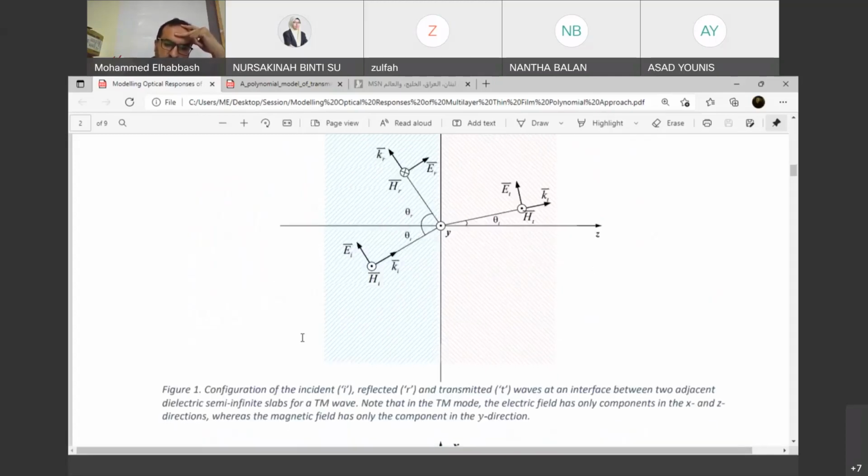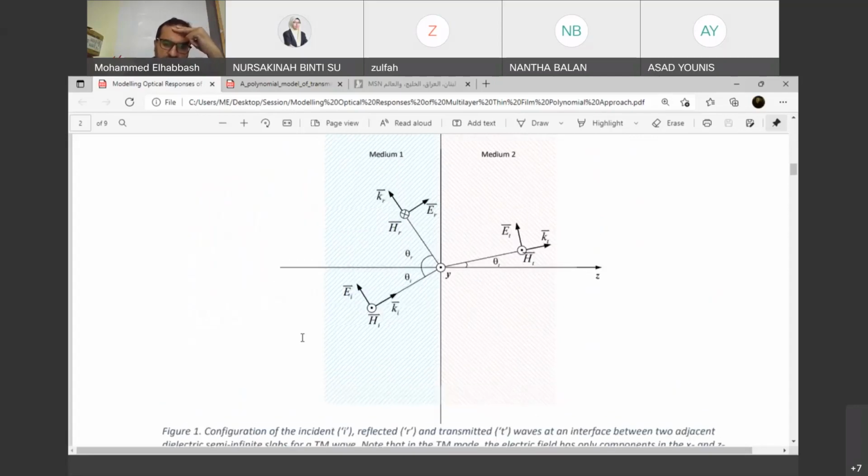Here we have a TM mode. TM mode means that we have a P-polarized or magnetic field polarized light. Here you can see that the electromagnetic field travels in this direction, and we have the incidence angle.